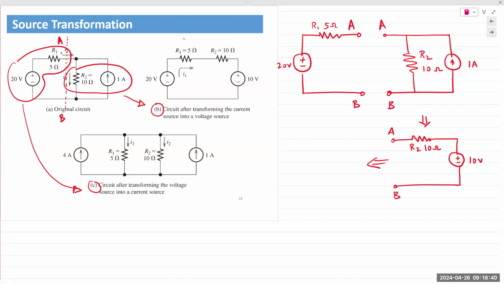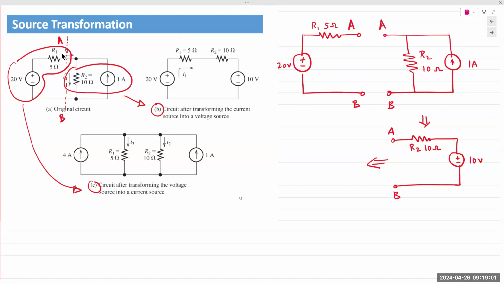Right? This R1 and R2 are now in series. You can combine those resistances and you apply KVL around the loop. You can find the voltage across those two resistors. Once you have the voltage across those two resistors, you can find the current by applying Ohm's law, and you can solve for any other quantity in the circuit. That is the advantage.